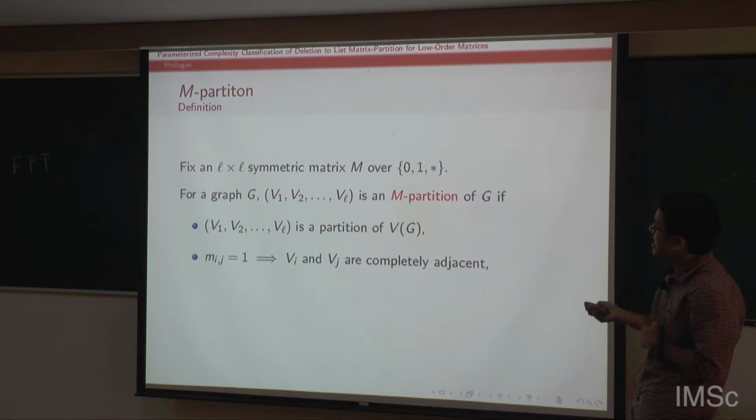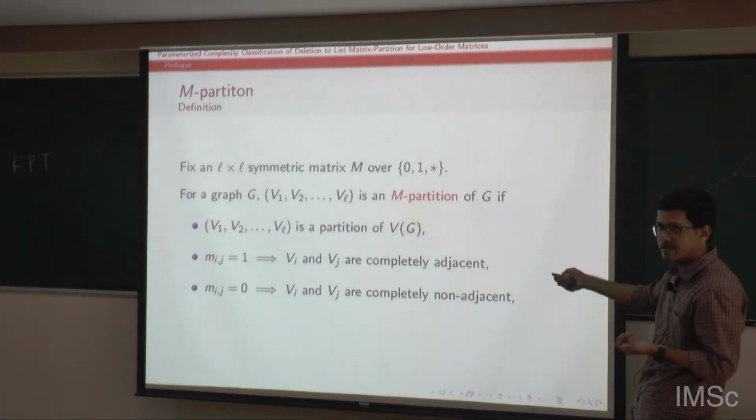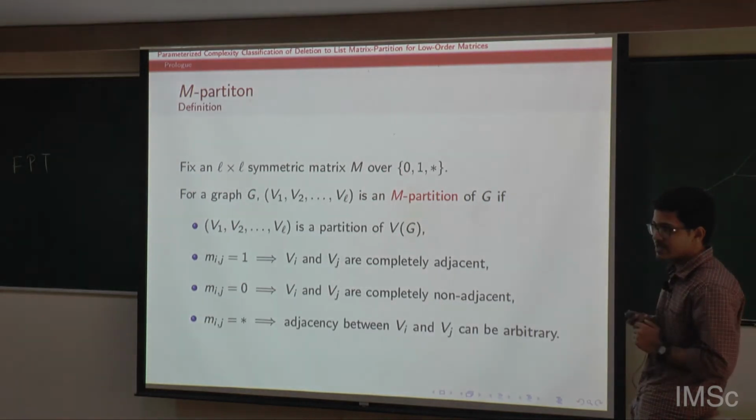Similarly, Mij equals 0 means these two parts should be completely non-adjacent. There should not be any edge between them. And again, if i equals j, the part Vi should be an independent set. And if it's star, then we don't care about the adjacencies.